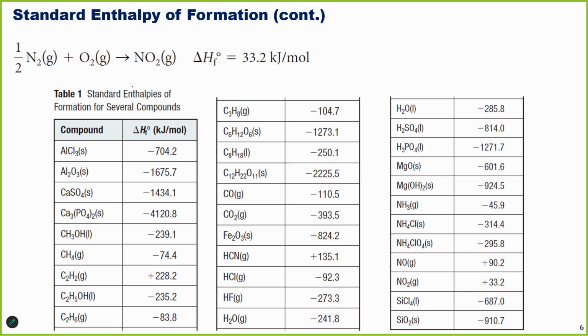You can have a look at these values listed in Table 1. This table lists standard enthalpies of formation for several compounds. I also handed out this form to you before this class, right?